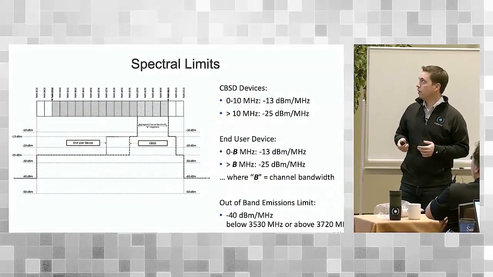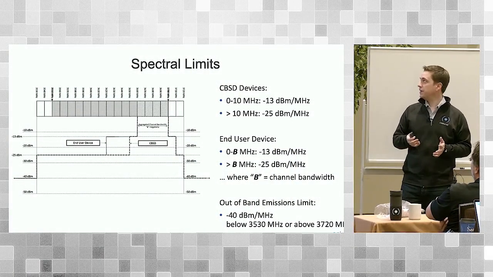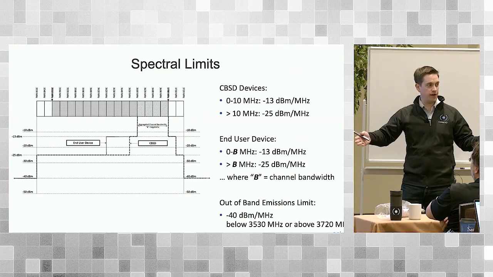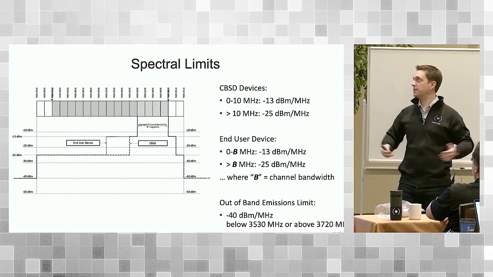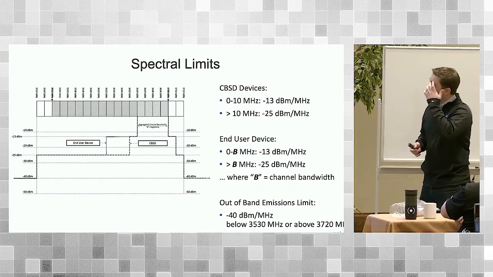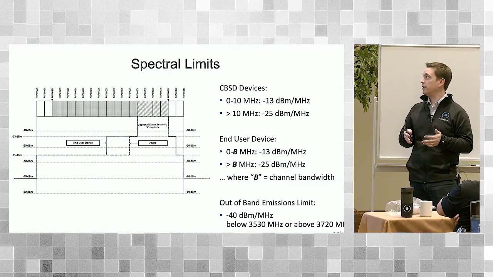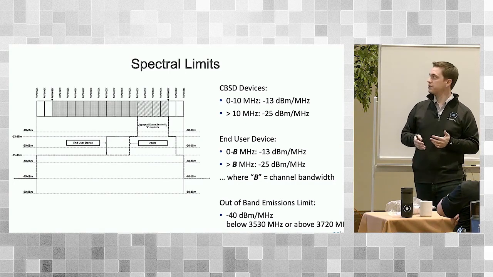On the FCC side as well, some of this is licensed by rule, and they have spectral limits that you have to comply with. For the infrastructure side, or CBSD, it operates on a specific channel. What are the out-of-channel spectral emissions limits, and what are the out-of-band limits? Within 10 megahertz of the operating channel, it has to reduce power output by 13 dBm per megahertz.